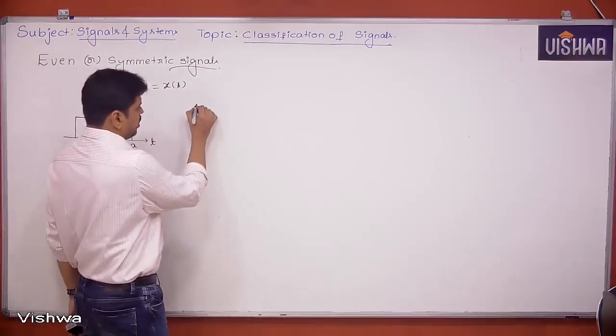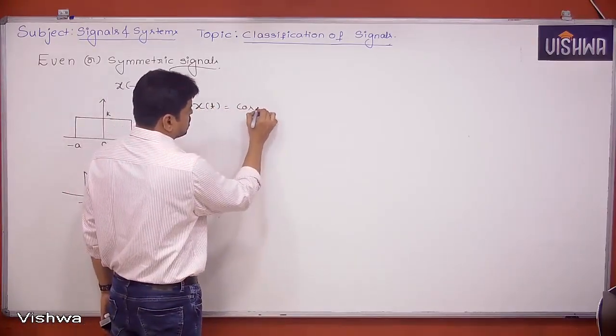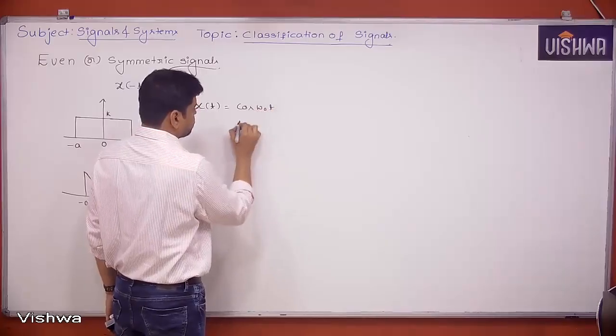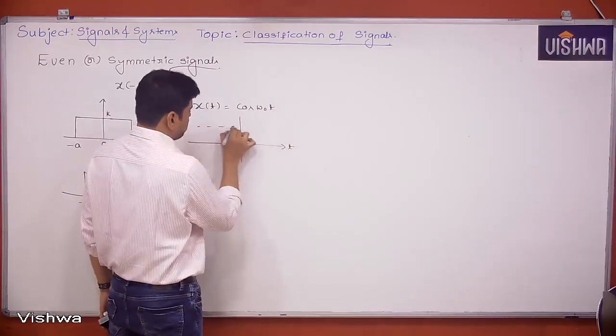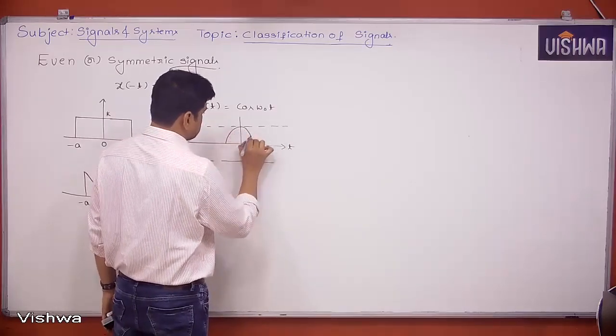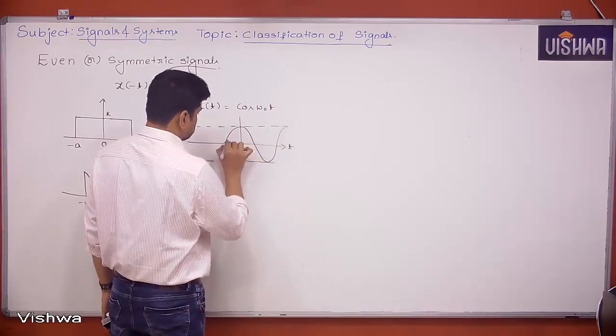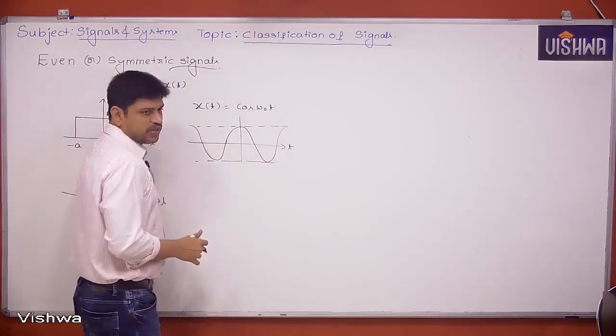Suppose I say x of t is equal to cos omega naught t. How does it look? Okay, this is how it looks.